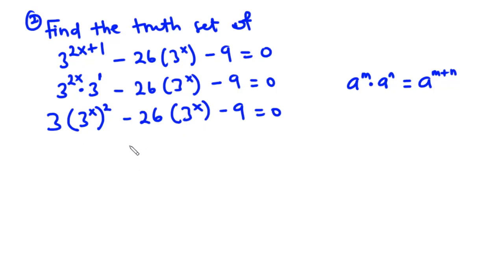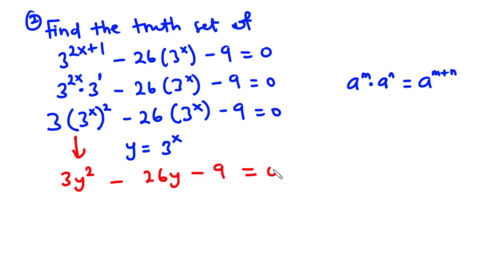So let's say we are going to let y be equal to 3 exponent x. Now if we do that, then we have 3y squared minus 26y minus 9 equals 0.